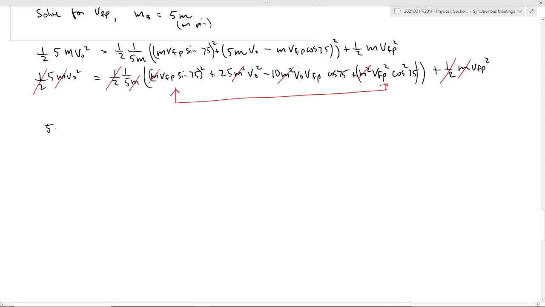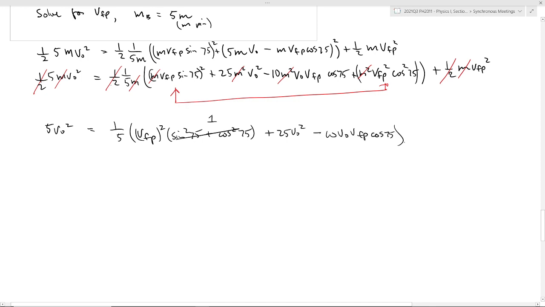So we have 5 v naught squared is going to equal 1/5 VFP squared. So the sine squared 75 plus the cosine squared 75 is going to give us 1. And then what else do we have left over? We have 25 v naught squared minus 10 v naught VFP cosine 75 plus our VFP squared.